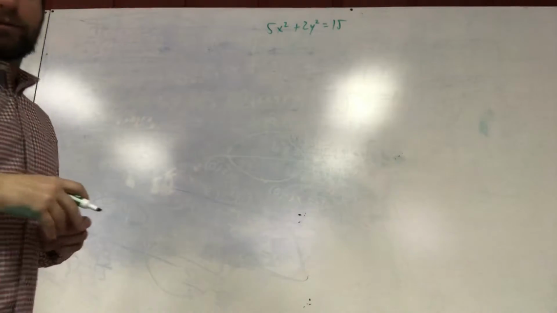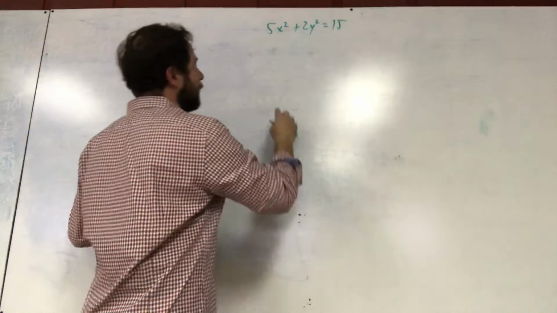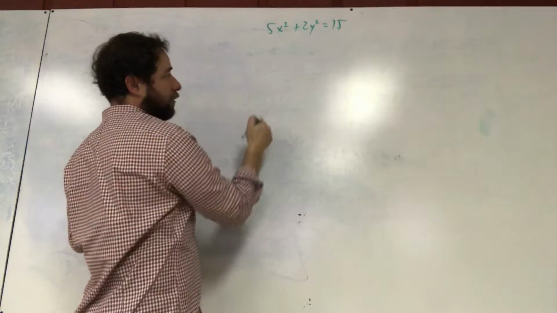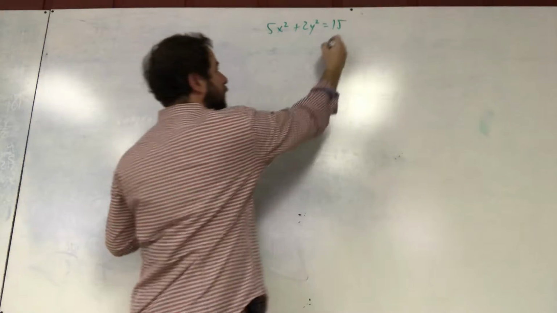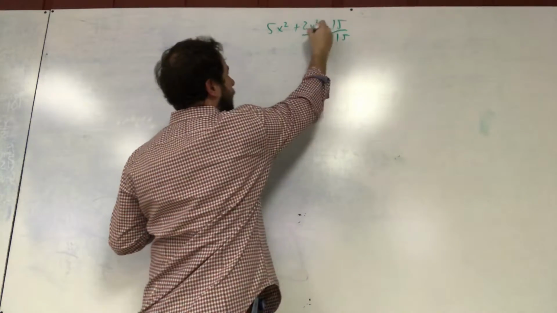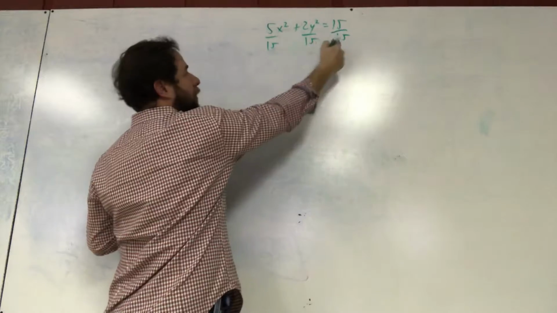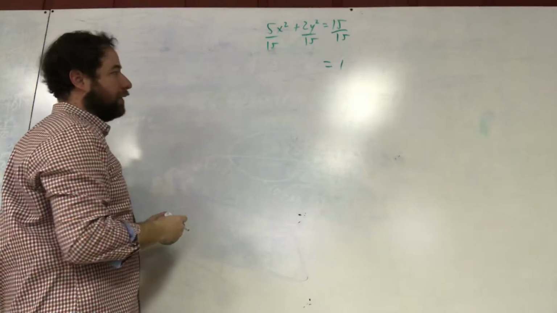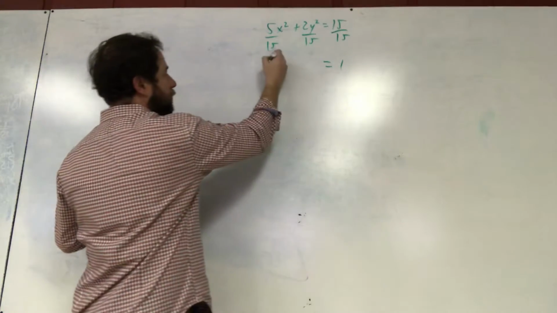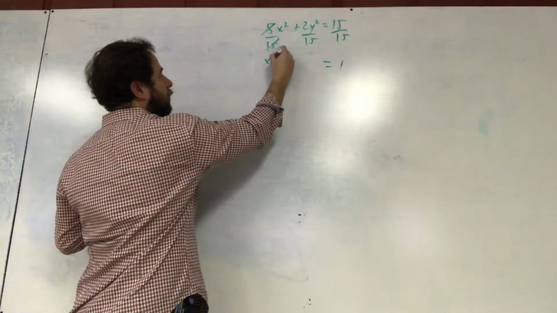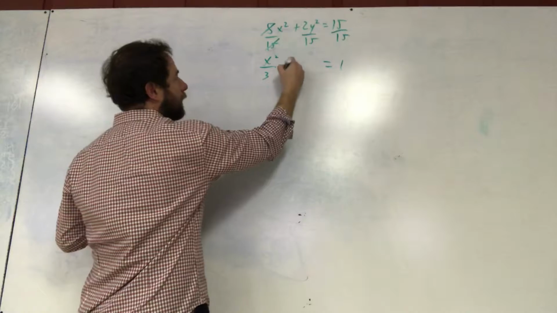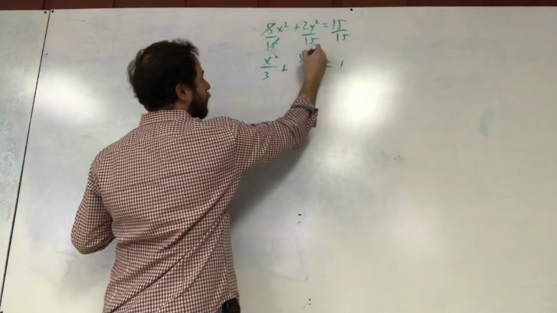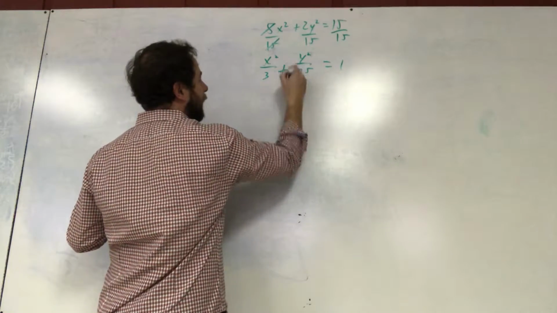The only other thing with graphing an ellipse is when it's not in standard form, you got to move it to standard form. The way you do that is you divide everything by what's on the right, because you want to end up with 1 on the right side of the equal sign. When you do that, 5 and 15 reduce down to 3, and 2 and 15 reduce to 7.5.